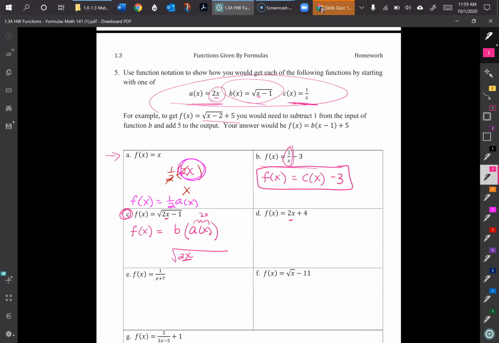So 2x minus 1. That one might be a little tricky for now. You can skip that one if you want.